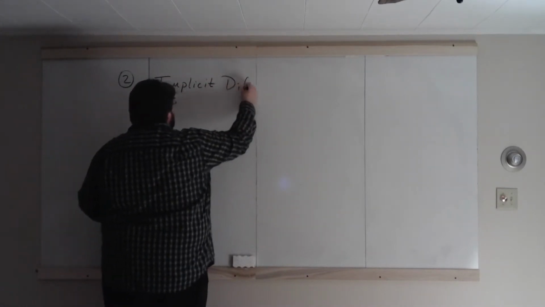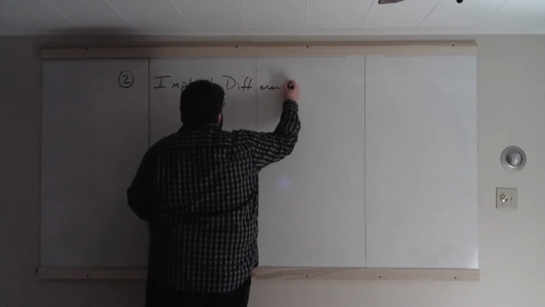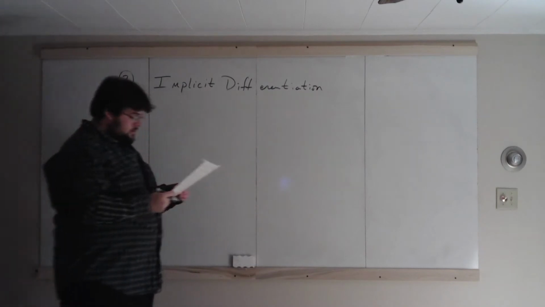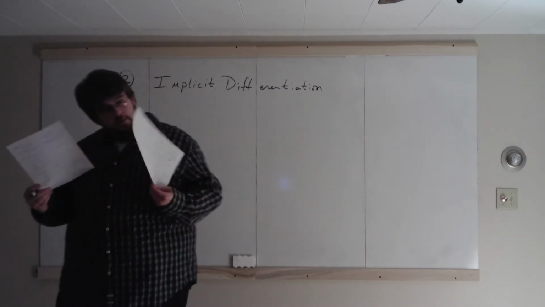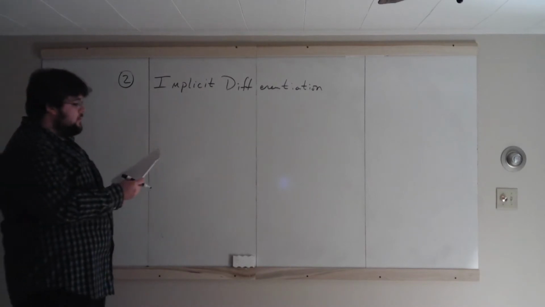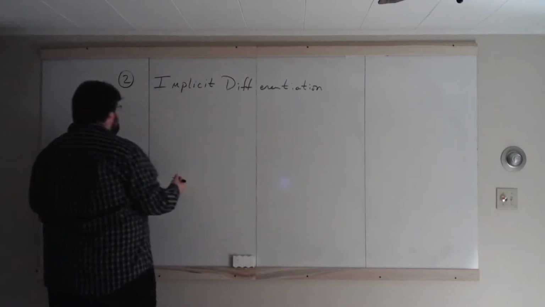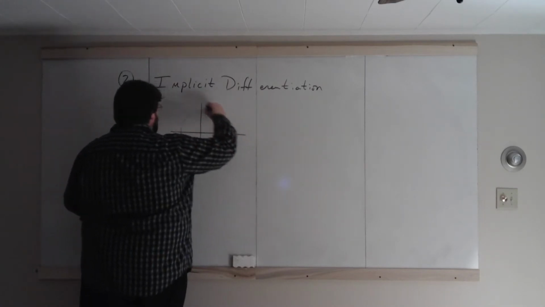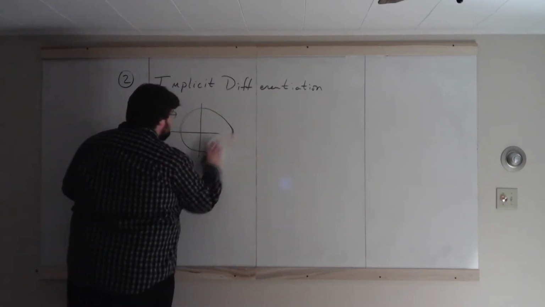But next, we will do something called implicit differentiation. Now, all of the things we've been taking derivatives of so far have been functions. But what if we had this graph?